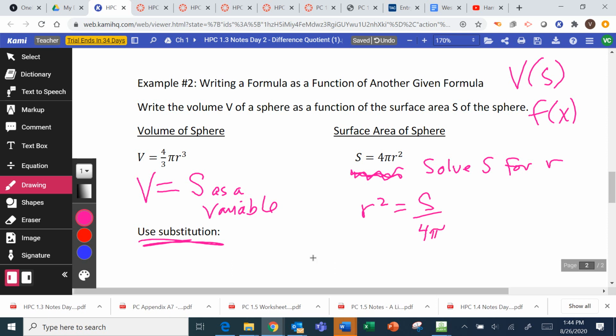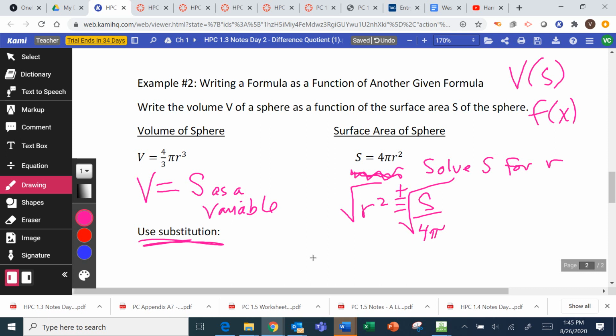Still not solved for r. Abigail, do you know? Square root? If I square root, do I need to do a plus minus? I couldn't really tell what you guys said there. Jacob said no. Why?